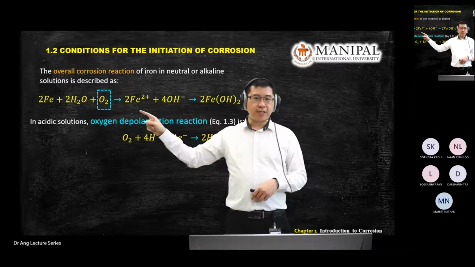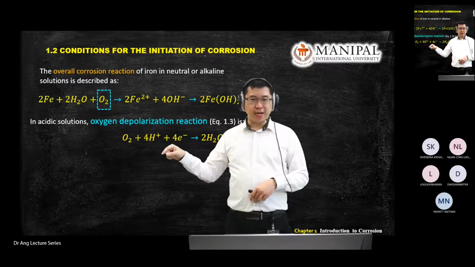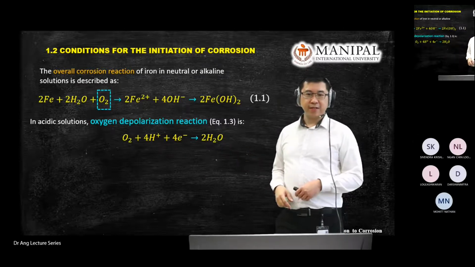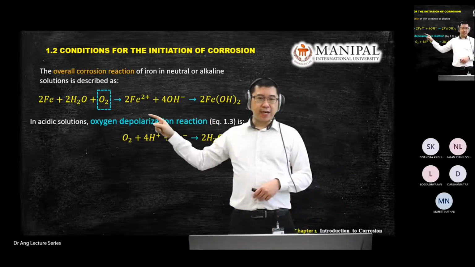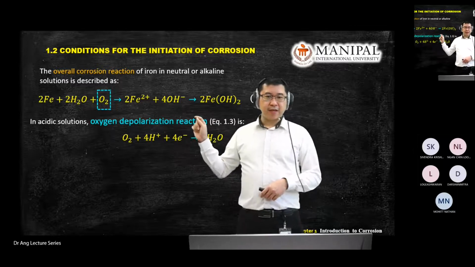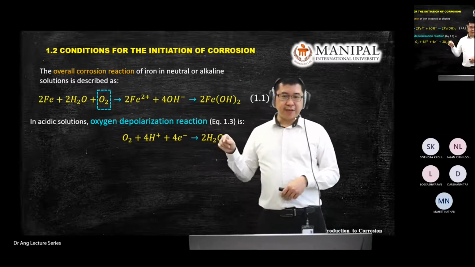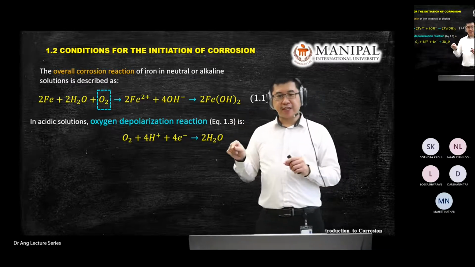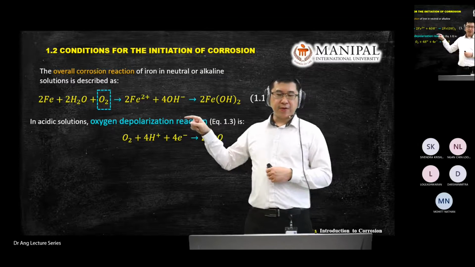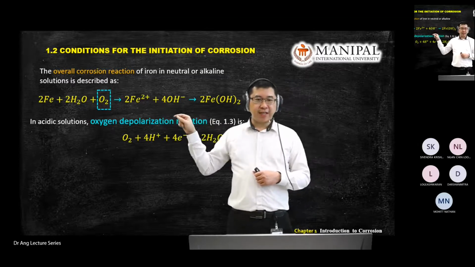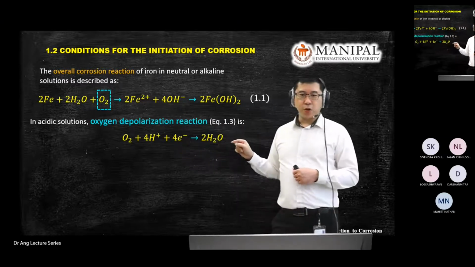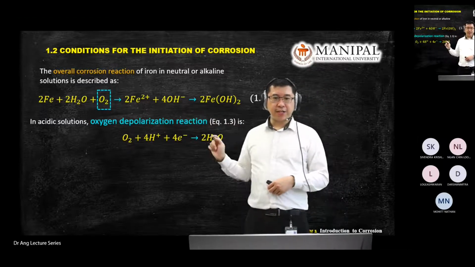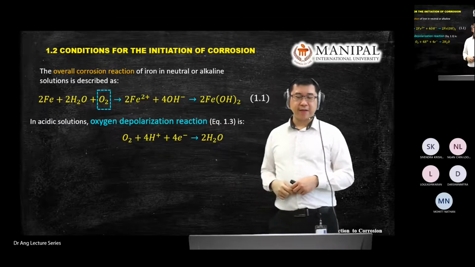You pump oxygen into acid solution, you will get water. You get acid solution with pH less than 7, because in acidic solution, you have positive charge and negative charge inside there. So when you pump oxygen in the acidic solution, you will get water. Okay, oxygen depolarization, you get water.